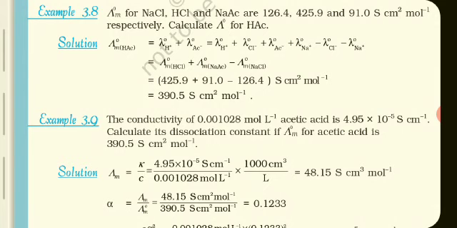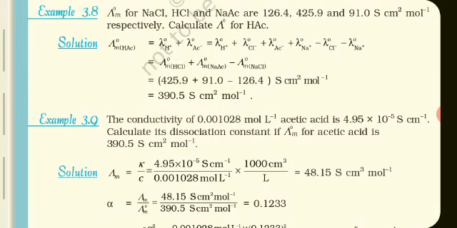So limiting molar conductivity of acetic acid will be given by lambda 0 H plus plus lambda 0 Ac minus. Ac means acetate ion, H plus ion, so hydrogen ion.